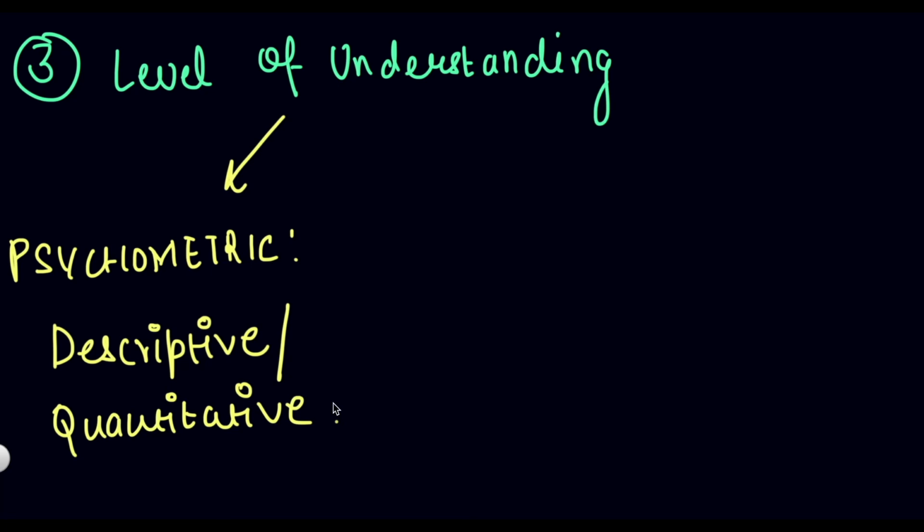So we are developing a descriptive level of understanding of intelligence, versus the information processing approach, right? So what level of understanding would the information processing approach help us develop? Easy.